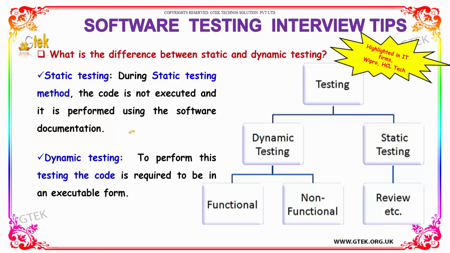The code will not be executed. Whereas in dynamic testing, the code is required to be in functional and executable form, because you will be having functional and non-functional testing in dynamic. So that is the difference between static and dynamic testing.